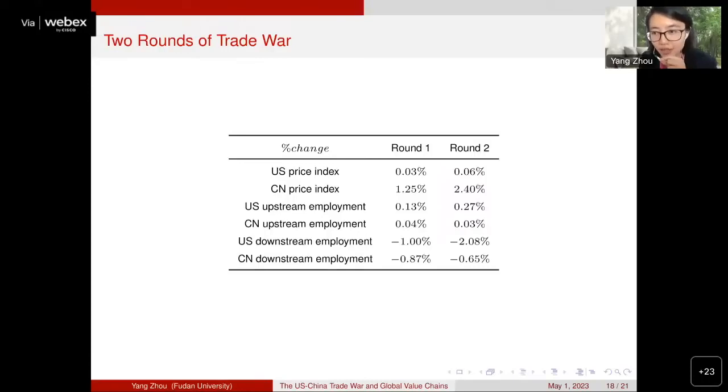The intuition is that if you look at the targeting list, lots of goods included in it are probably intermediate goods. So the tariffs protect domestic upstream producers and hurt domestic downstream producers who rely on those upstream imports.